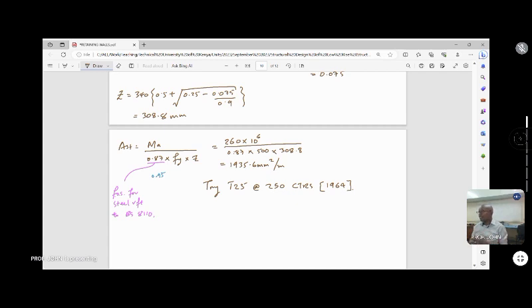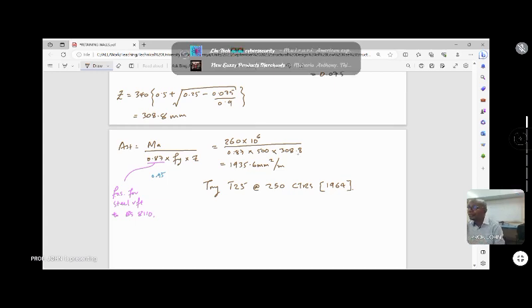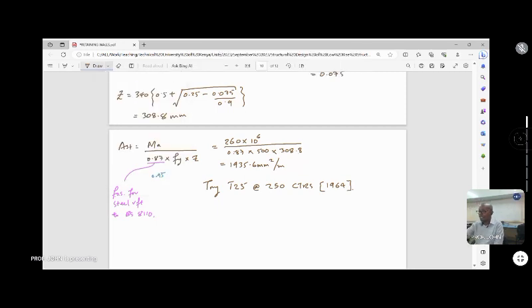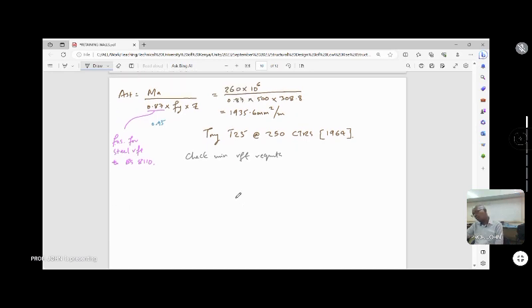For example, for this wall, we need to check the minimum reinforcement requirements. I think the Eurocode requires that we work with 1% for walls. The BS requires that we work with 0.4%.